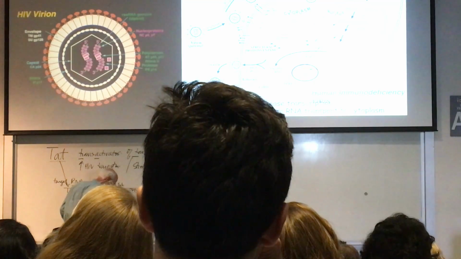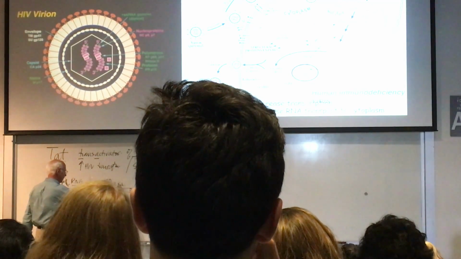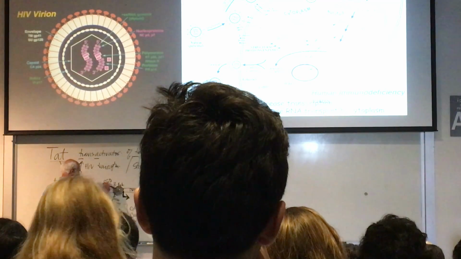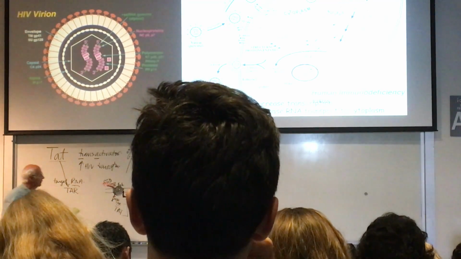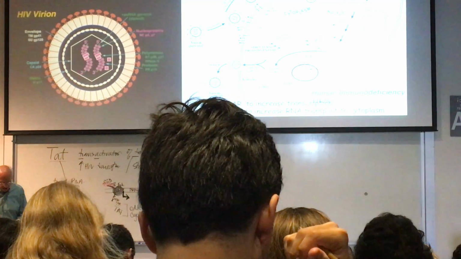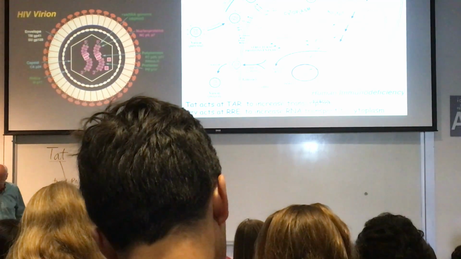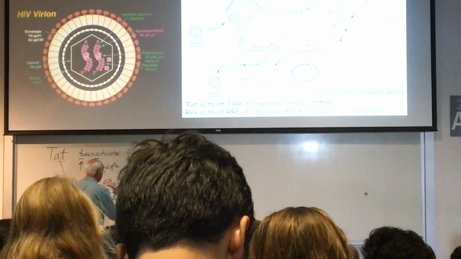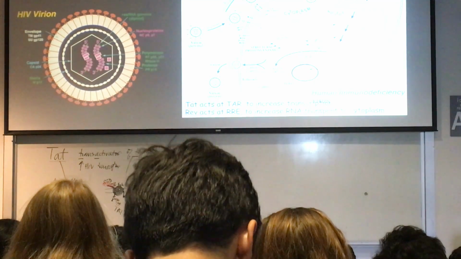This then leads to the phosphorylation of the C-terminal domain of the polymerase. So we put those phosphates on, and then that really activates the polymerase, so we get a lot more transcription.